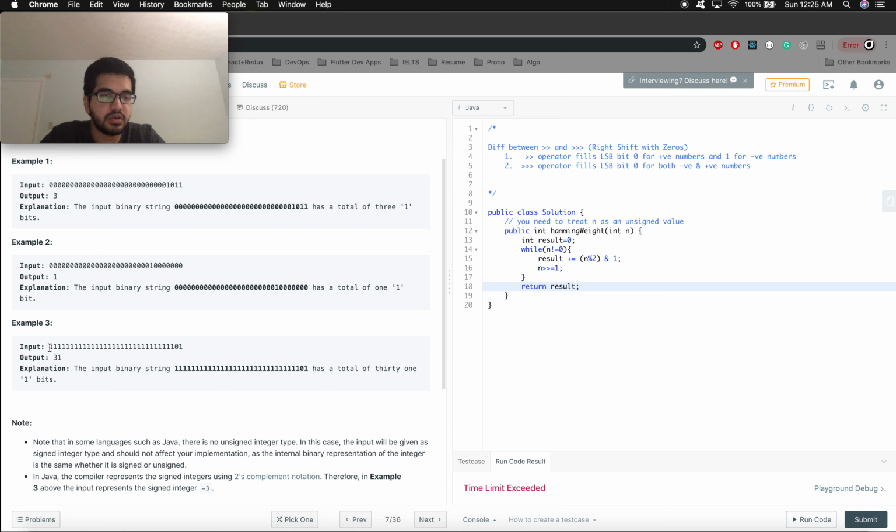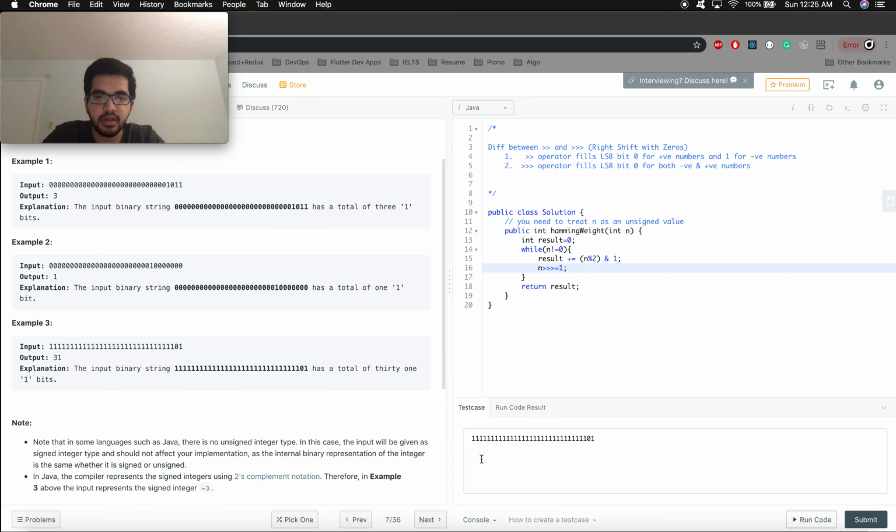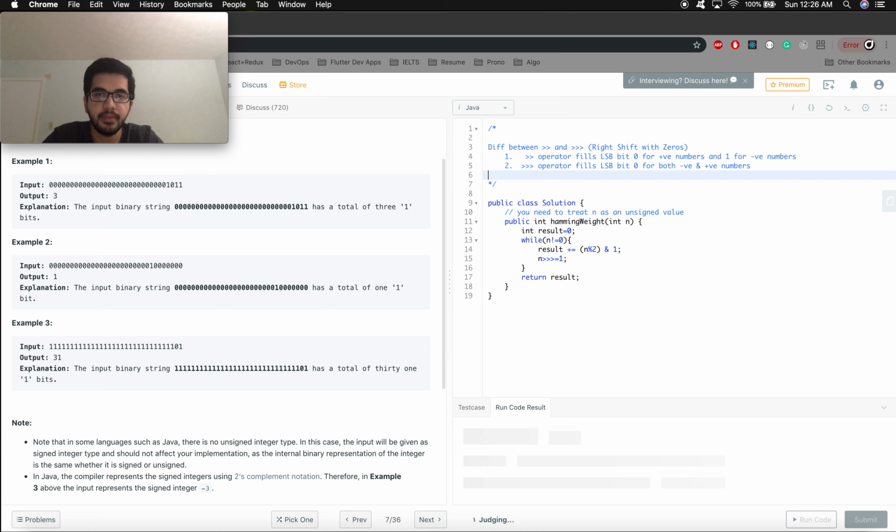So what we should do is use right shift with zeros, so that every time we perform the right shift operation, the leftmost bit is added as 0 instead of 1. So now, for this test case, the algorithm should work.